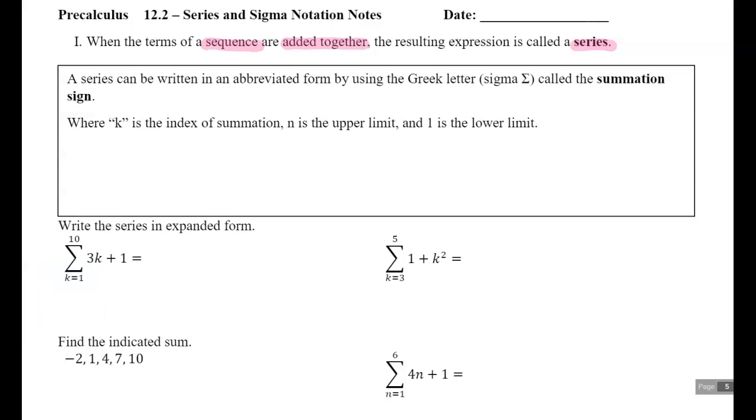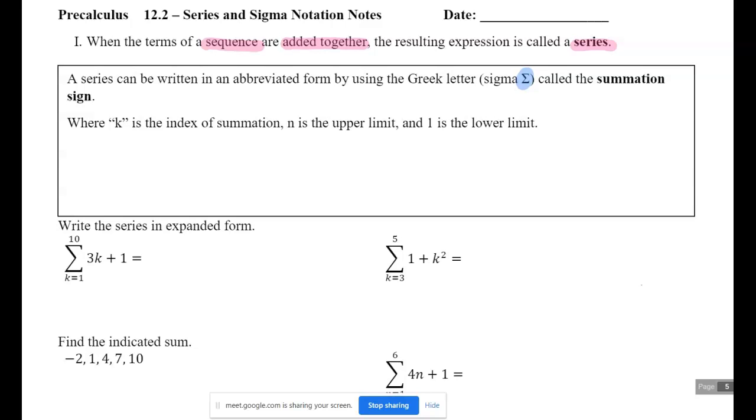And normally, when you're dealing with a series, it's written in what is called sigma notation. That's with this symbol right here. We use this sigma notation, this kind of like fancy looking E, when we're trying to write a series, when we're trying to notate a series.